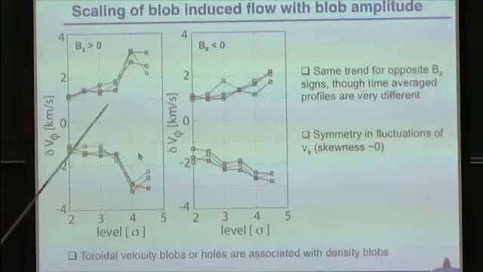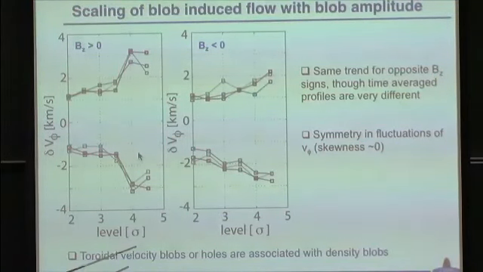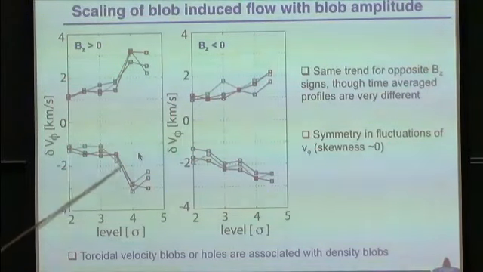This is something that I like as a simple experimentalist, and that is that this perturbation in the blob, in toroidal velocity, is proportional, both when it's positive and when it's negative, to the size of the blob, which we determine by the level that we use to define the blob in our sampling technique. So something that's really proportional to the size.